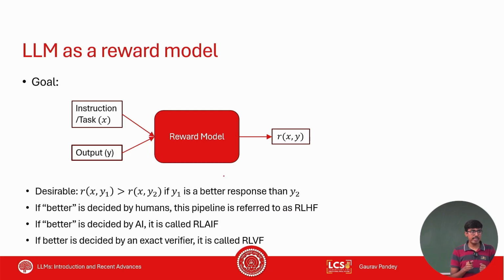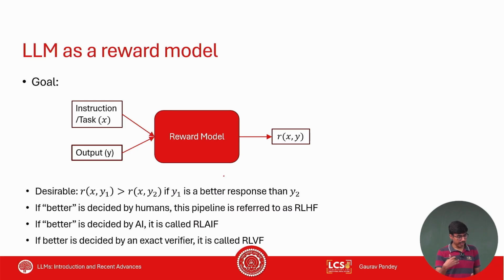Now, who decides correct and wrong, right? Here we are saying that it's desirable that the reward of the better response should be higher than the reward of the not so good response. But who decides what is better? We have to somehow get that information also. If it is decided by humans, then the entire RL framework falls into RLHF.